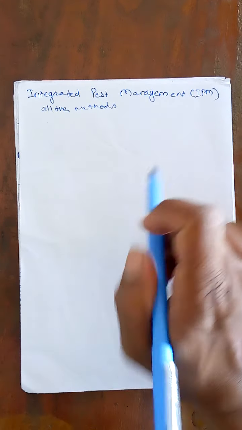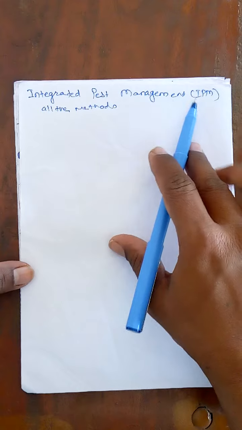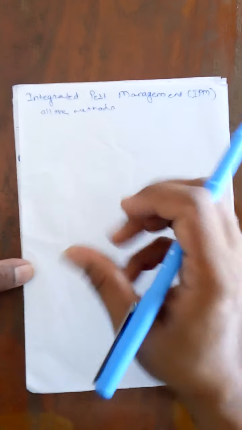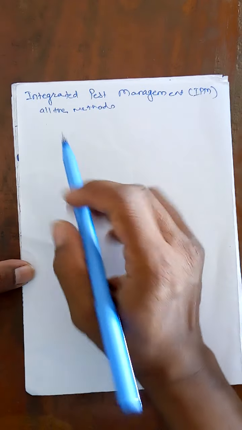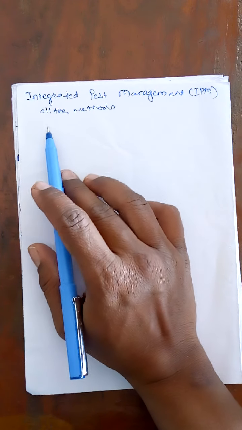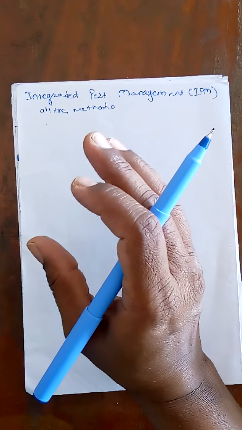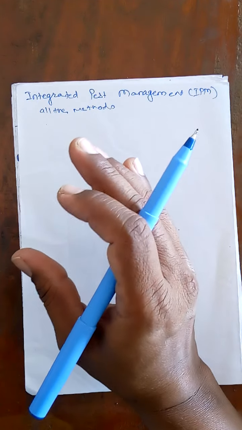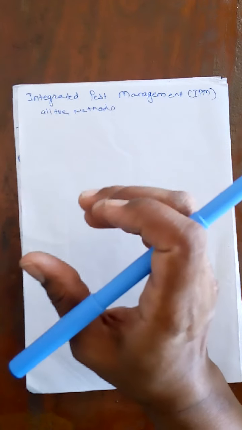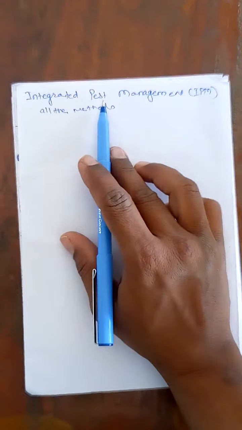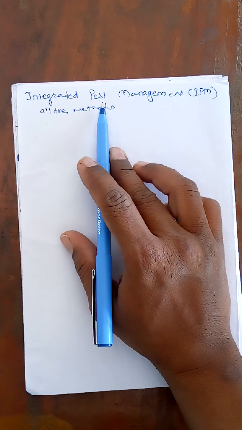But here, in case of integrated pest management, we apply all the methods, at the suitable timing, with the suitable technique or method, to control the agricultural pest.